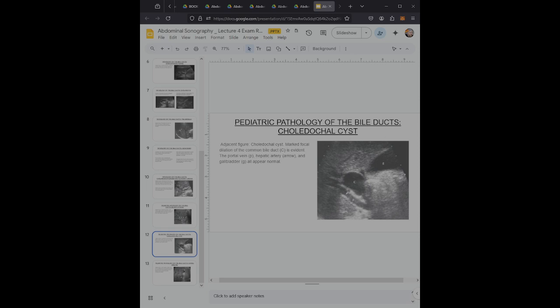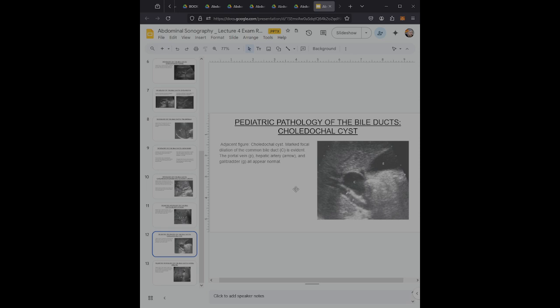Pediatric pathology, choledochal cysts. There are 4 different kinds. The most common being described as a cystic dilatation of the common bile duct, and these are usually discovered in infancy or in the first decade of life.